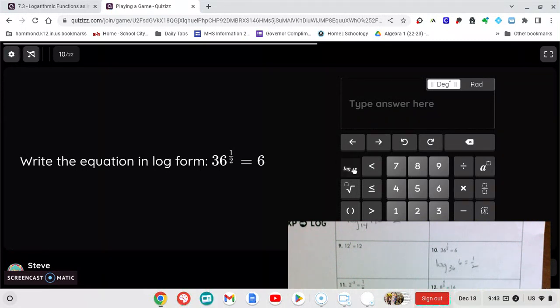So let's type this one in. We're going to use our log key in the math tool and quizzes: a base of 36 of 6, and let's get outside those parentheses, and then equals 1/2.